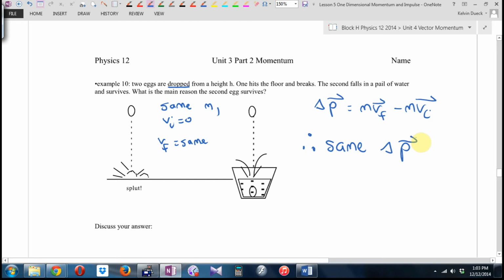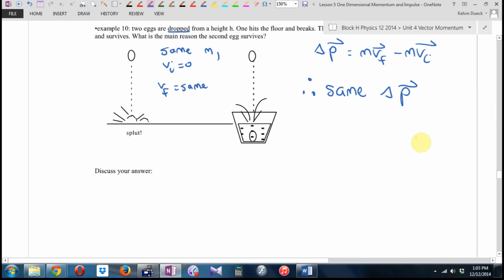You okay with that, Jeff? But what was another way to write change in momentum? Force time. Okay. So where it says discuss your answer, I'm going to draw a line down the middle. Change in momentum equals... By the way, what direction would the change in momentum be?